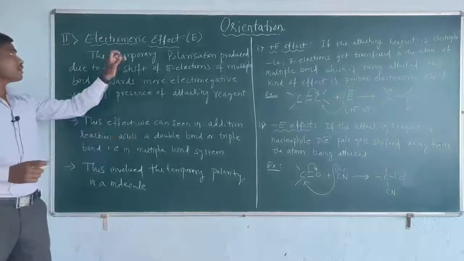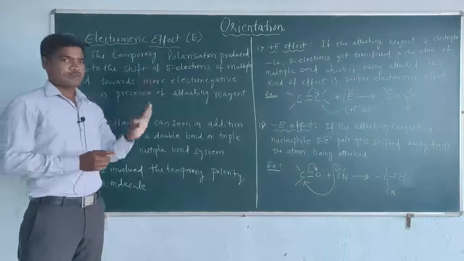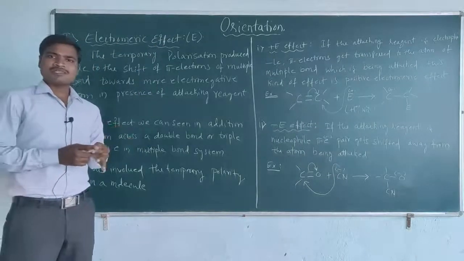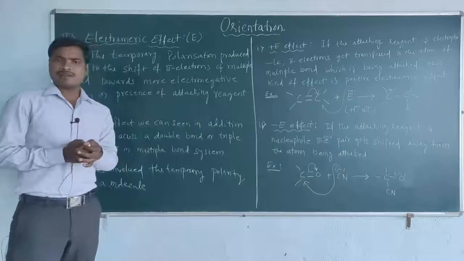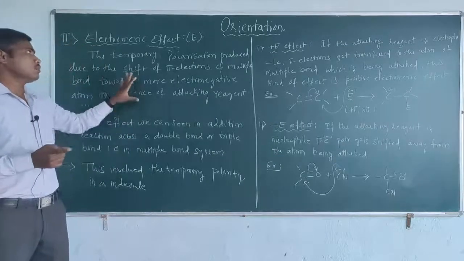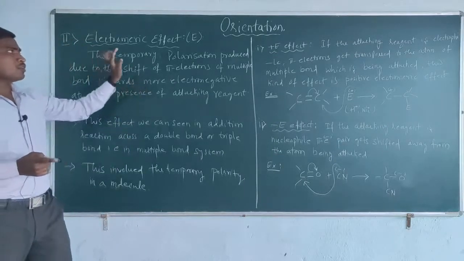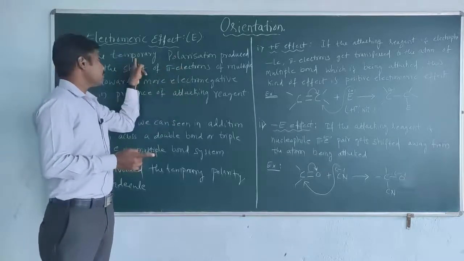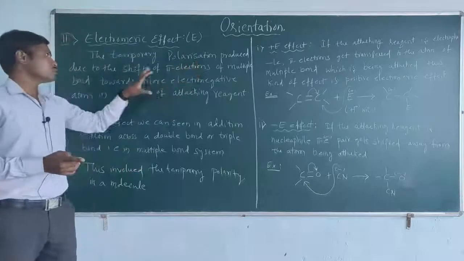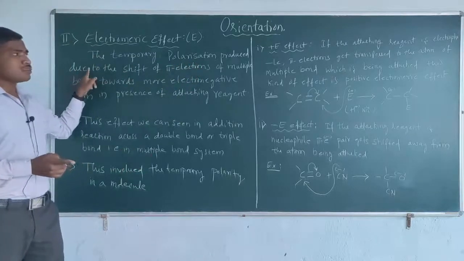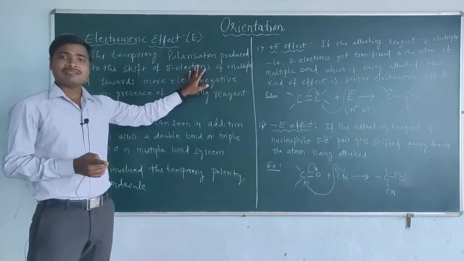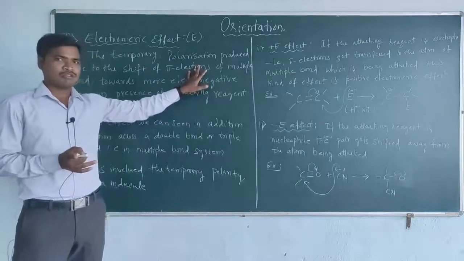Well, the second effect is the electromeric effect. In the inductive effect we saw the delocalization of the sigma electron. Here, in the electromeric effect, we see a temporary polarization produced due to the shift of pi electrons. Pi electrons are found in a double bond or triple bond molecule.